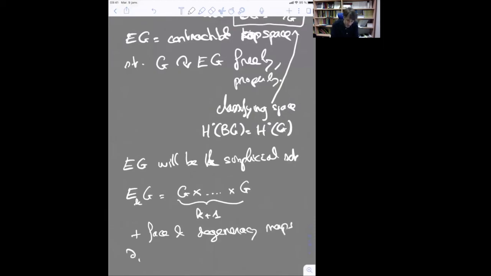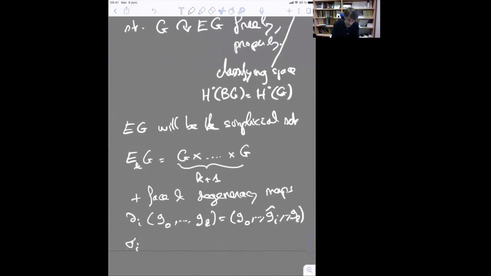The usual ith boundary of (G0, ..., Gk) is just forgetting the ith element. The degeneracy map goes from (G0, ..., Gk) and you map it to (G0, ..., Gi, Gi, ..., Gk), doubling Gi.